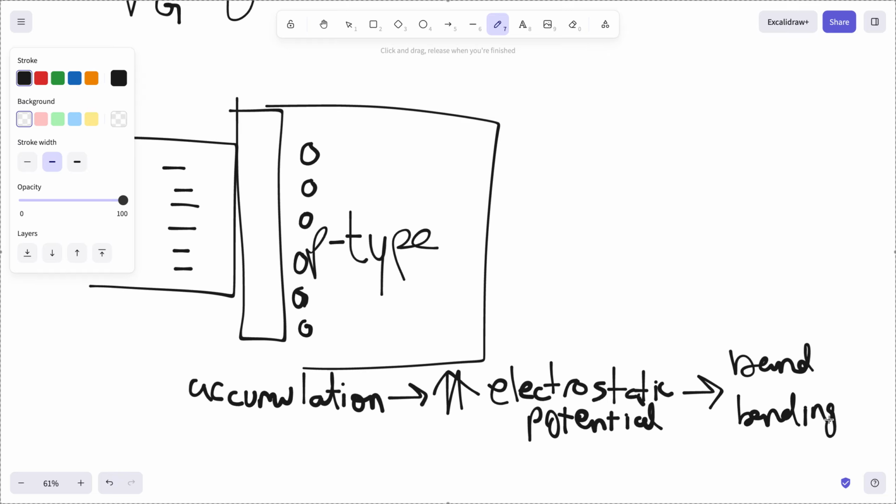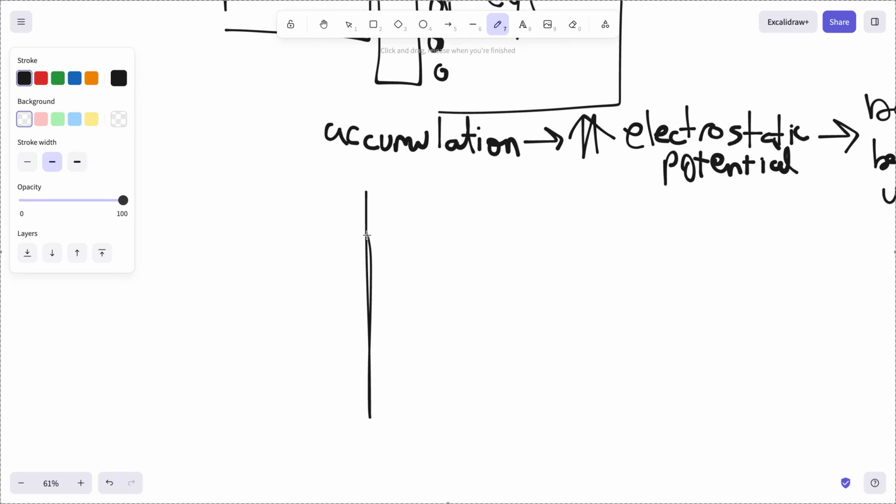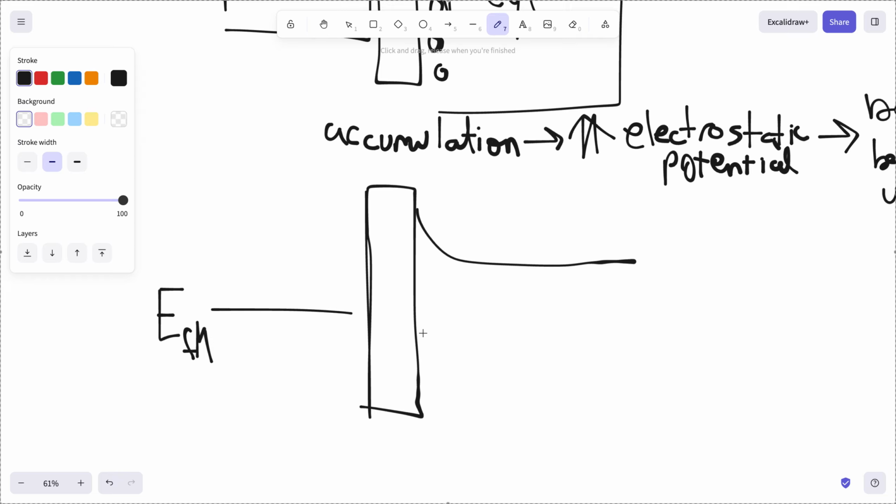So what the band diagram for this looks like now is we have our insulator, and E sub Fm remains the same, but now the band bends towards the edge, like this.